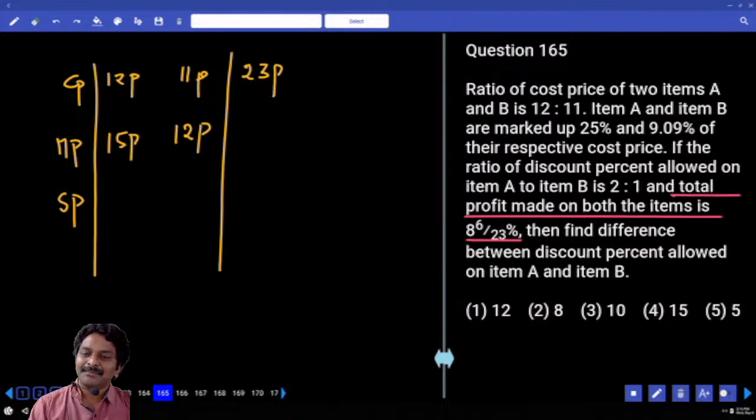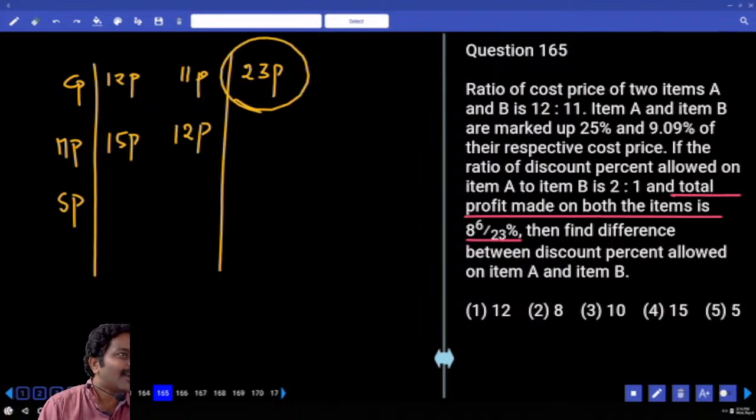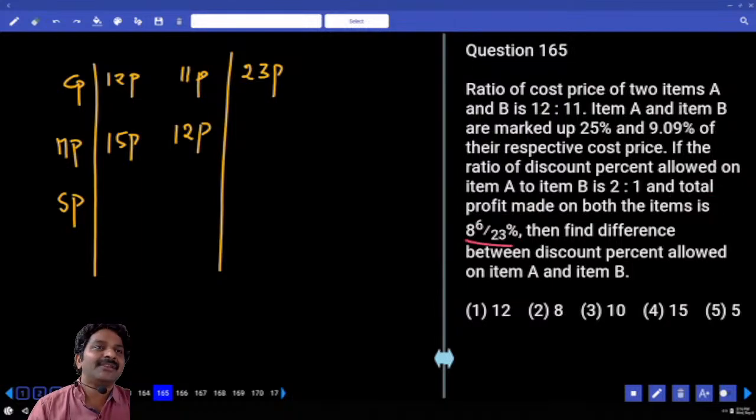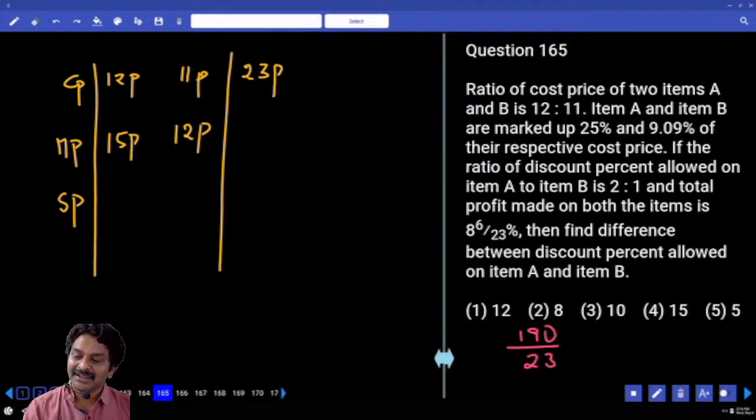That means that the percentage calculation should be on the total cost price only, right? 86/3% conversion I am going with. 8 into 23, 820 is 160, 83 is 24. 1 plus 6. So 190 divided by 23.